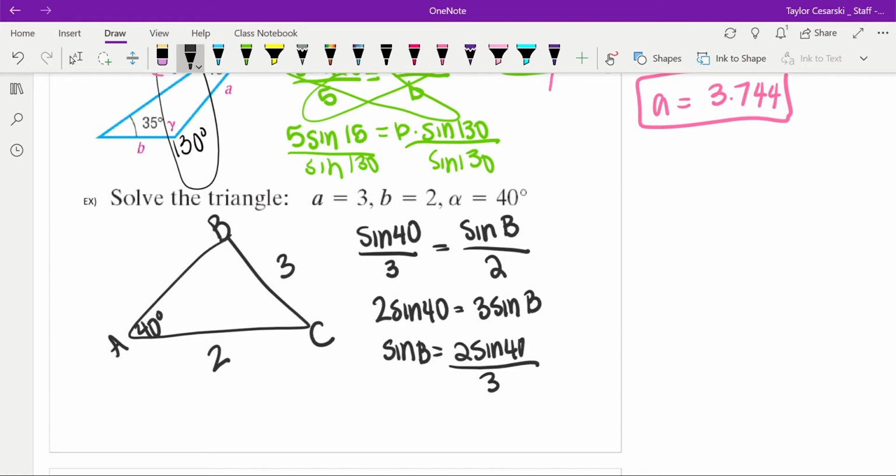Now remember, anytime you have sine of b, okay, you just find the inverse of that. So I'm just going to do sine inverse of 2 sine of 40 divided by 3. And so b equals 25.374 degrees.